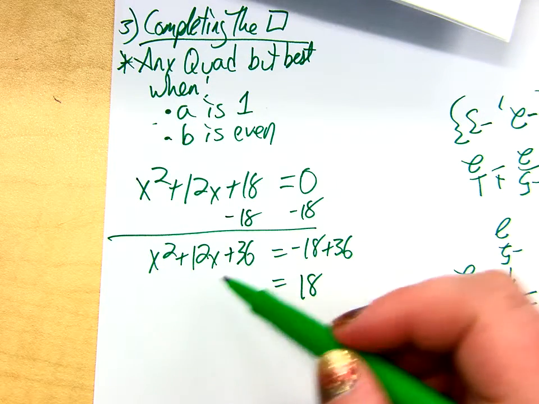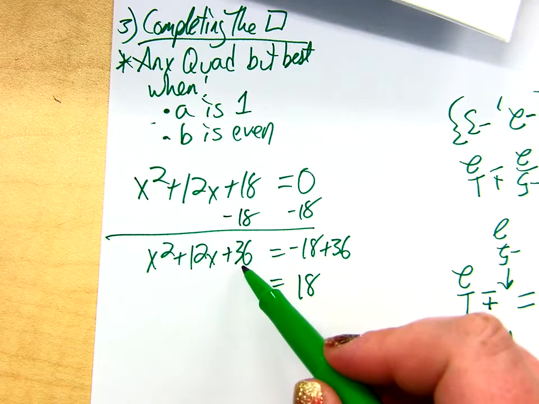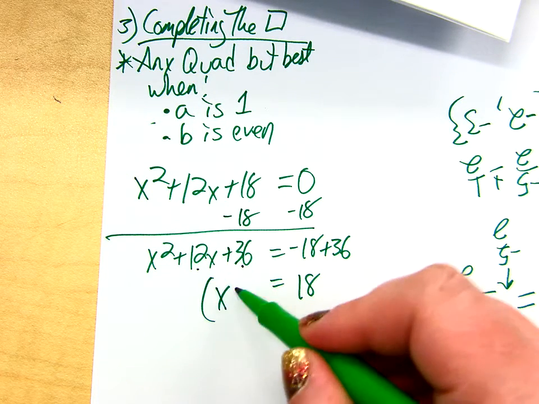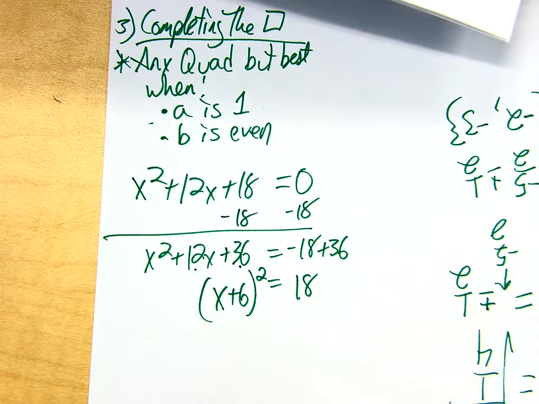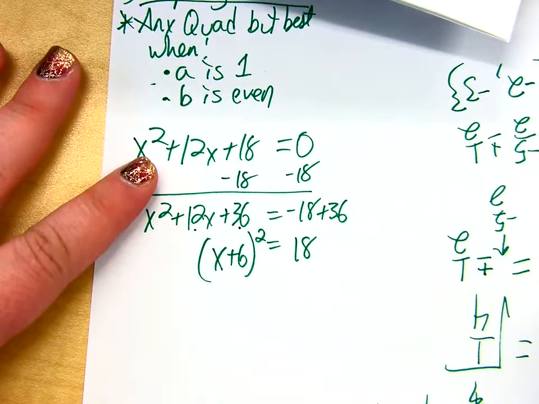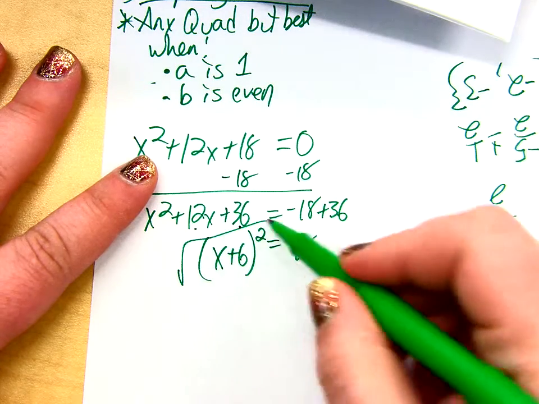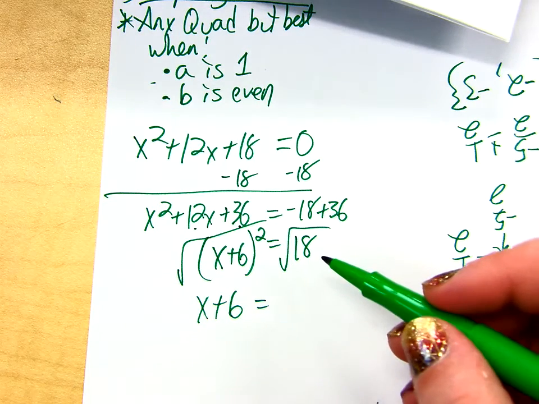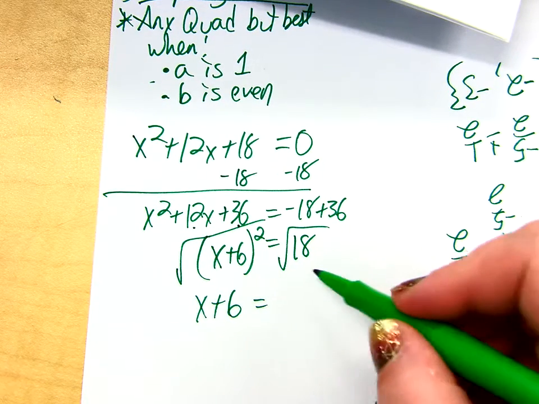On this side, I'm just going to factor. So what are factors of 36 that add to 12? 6 and 6. They're always going to be the same, so we write it as the factor squared. And then I square root both sides. So I have x plus 6. 18 does have a perfect square factor. What is it?